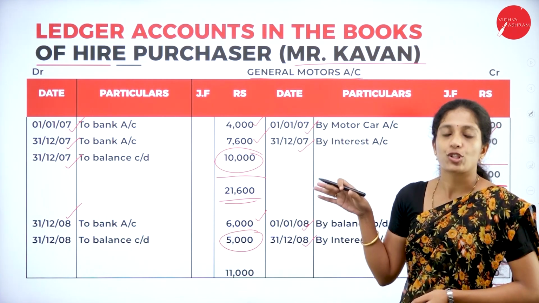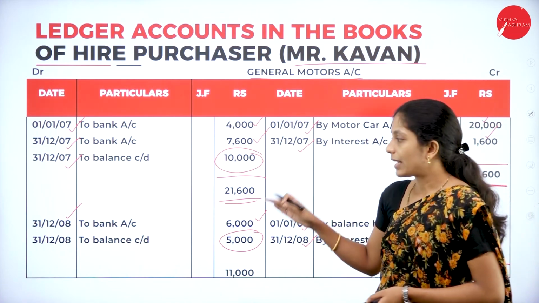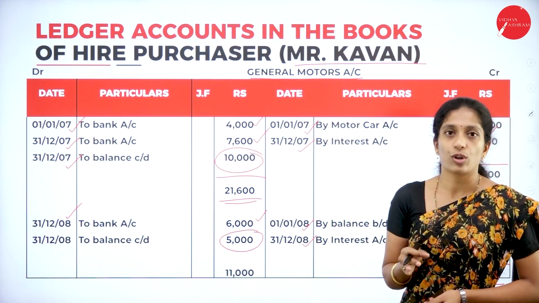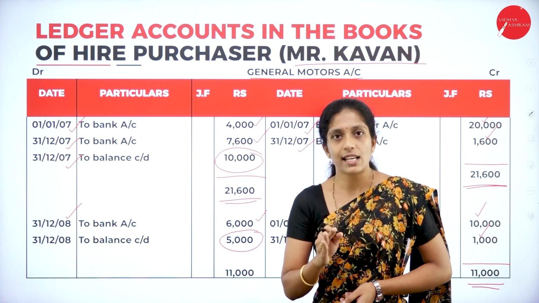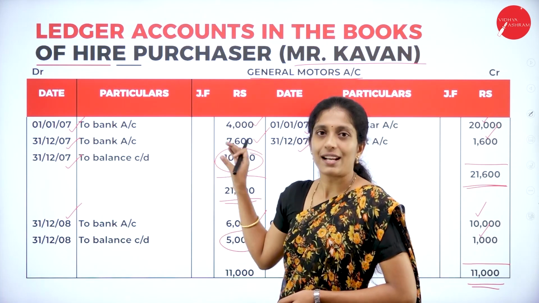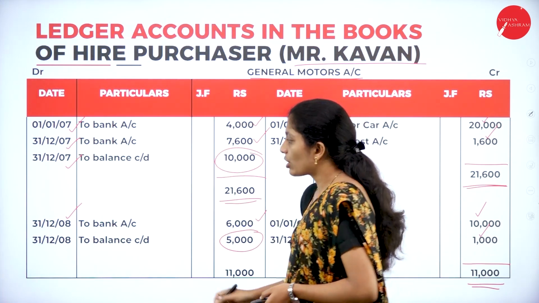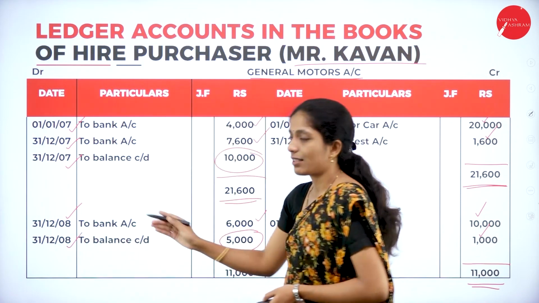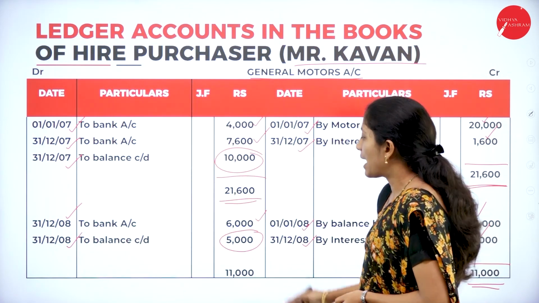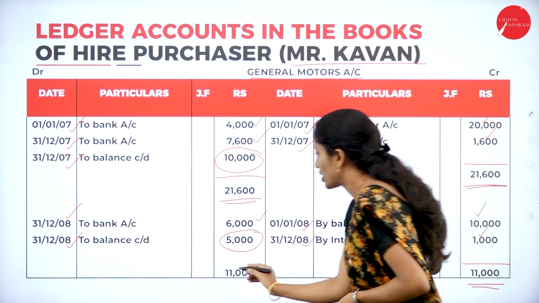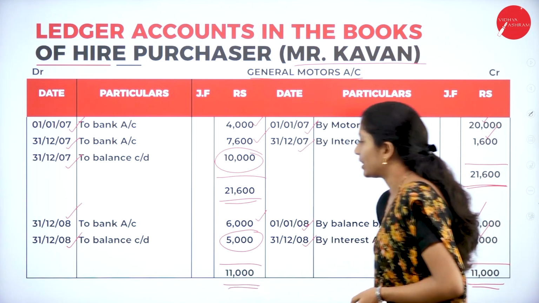So this amount has to be carried down for the next year, because they have told us the remaining amount is paid in 3 installments. So we have to prepare ledger accounts for 3 years. So at the end of 2008, that is 31/12/08, to balance carried down, 5,000. So when you total, you get 11,000.